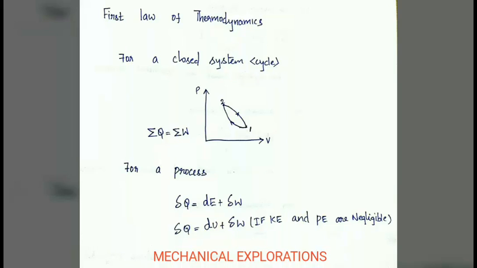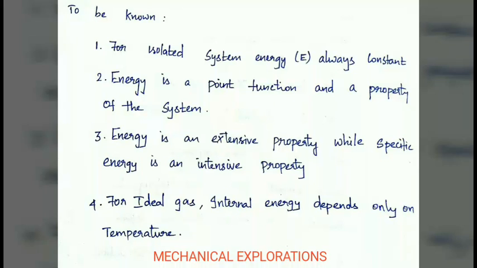What the curves 1 to 2 and 2 to 1 say in the PV diagram, that is the pressure and volume diagram, is that the total amount of heat given is converted to work. You can see the process: del Q equals dE plus del W.